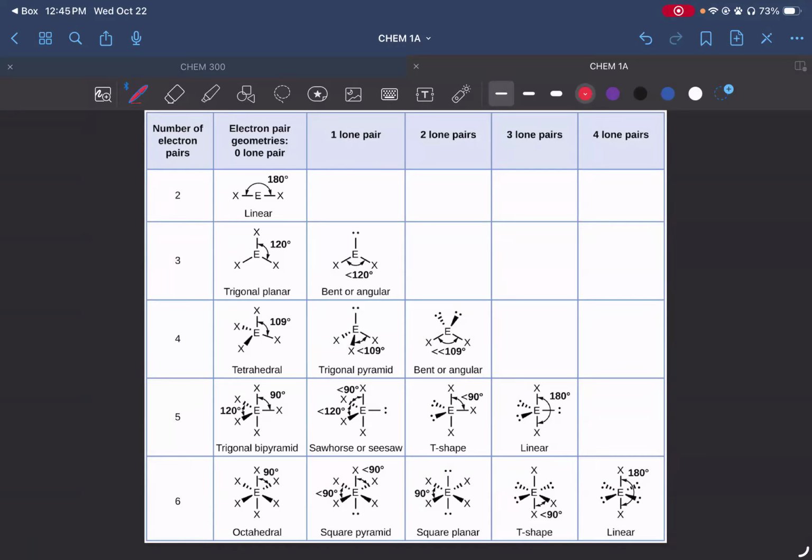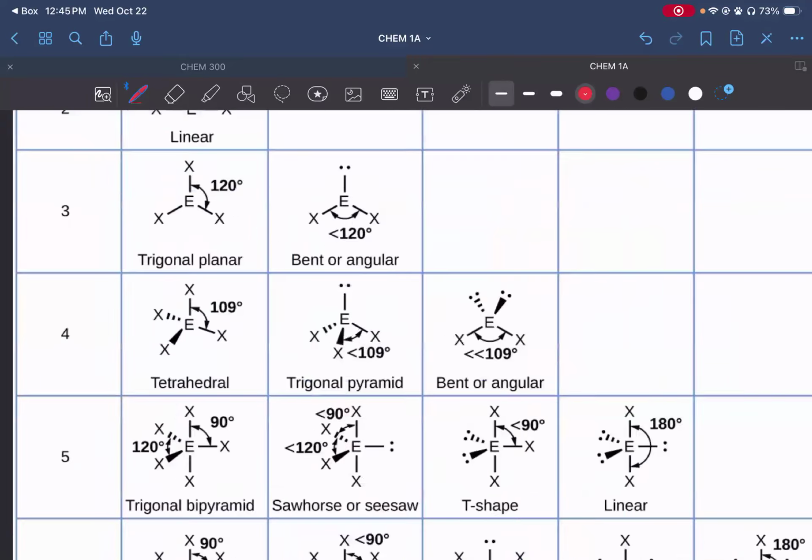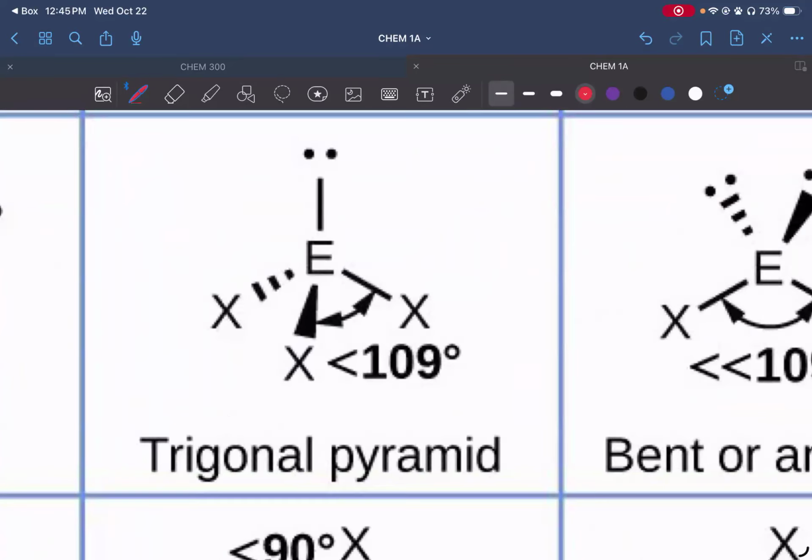Evaluate each template to see if it matches. Hopefully, we've all come to the same conclusion. Trigonal pyramid. It is the only template that has a central atom connected to 3 atoms and 1 lone pair.